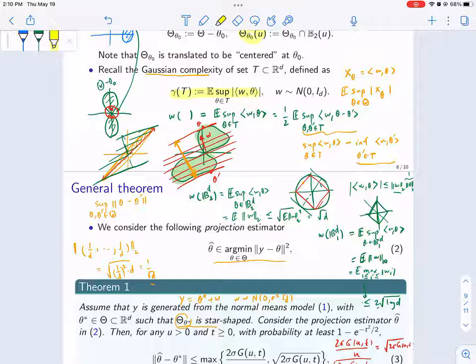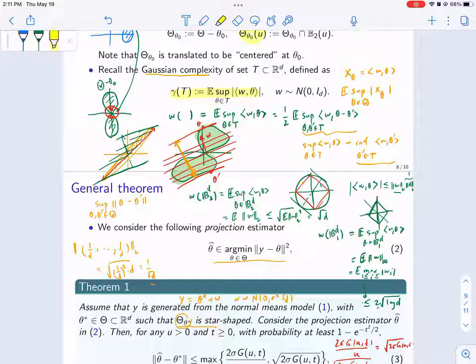Geometrically, it's easier to understand the width, which doesn't have this absolute value. And we talked about how this is measuring the average width in direction W, averaged over all the W's that you get randomly by picking from this distribution. We did some calculations, for example, for the L2 ball, the width is root d in d-dimensional space.